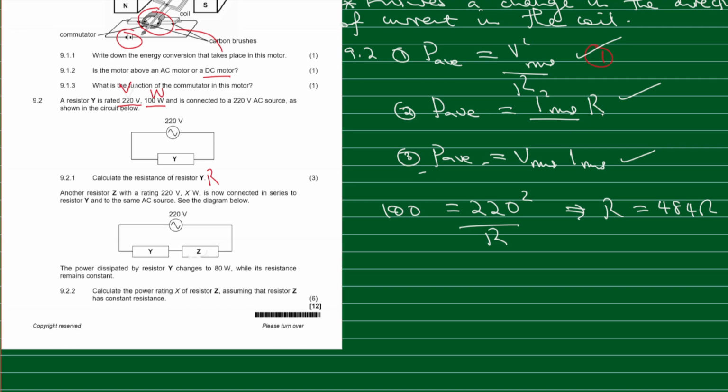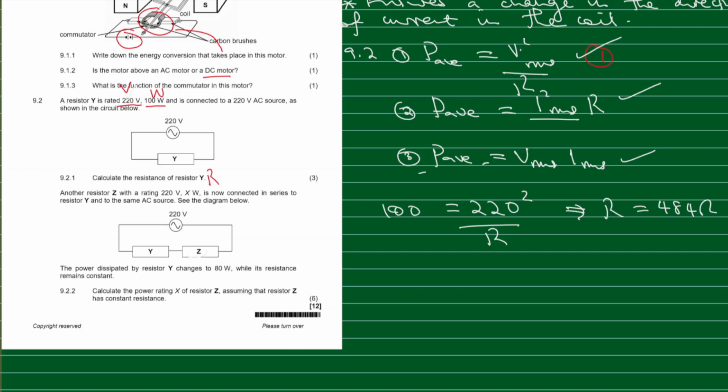Or if we know the V and the I, the current here, then we can also calculate. So out of all these options, we are going to choose equation 1, but there's an option to use any one of them. For us to use equation 1, we need to calculate the resistance of Z.